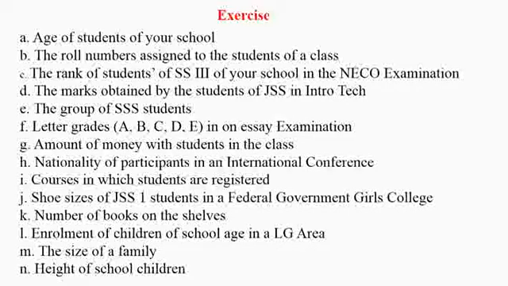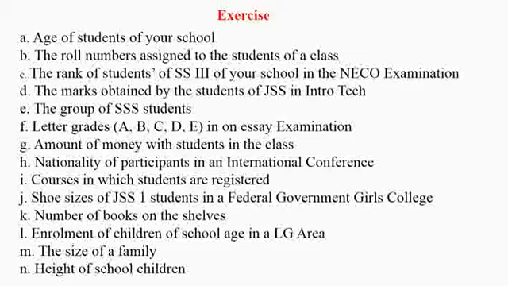Then for F, we talk of letter grades A, B, C, D, E. You can try this yourself before you hear whatever I'm going to say. It is an ordinal scale. It is an ordinal scale. I believe your answer is same as mine.